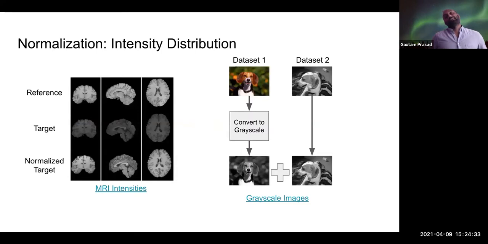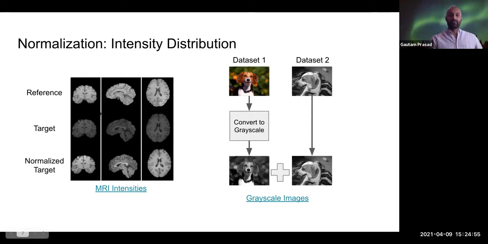Another really important problem that comes up, especially with brain imaging, is if you look on the left, we can take the same person and put them in two different scanners. And because of the parameters in those brain scanning machines, the resulting images can have a completely different intensity distribution.